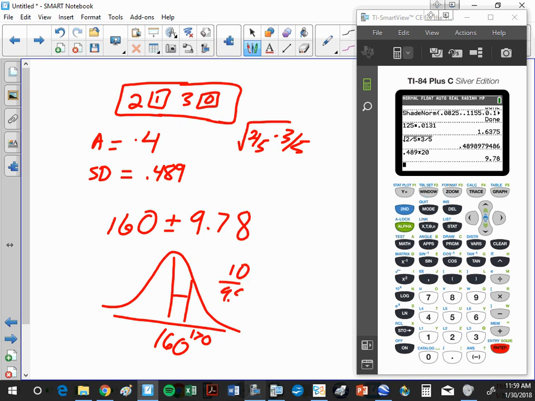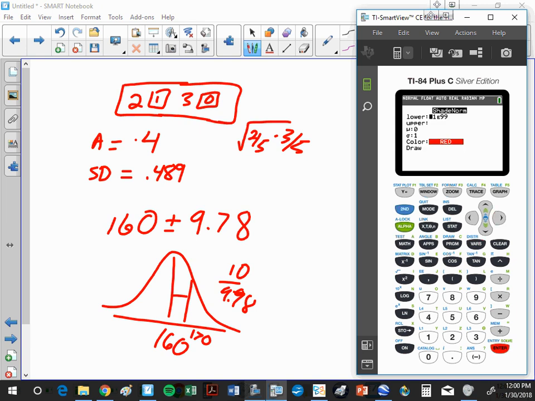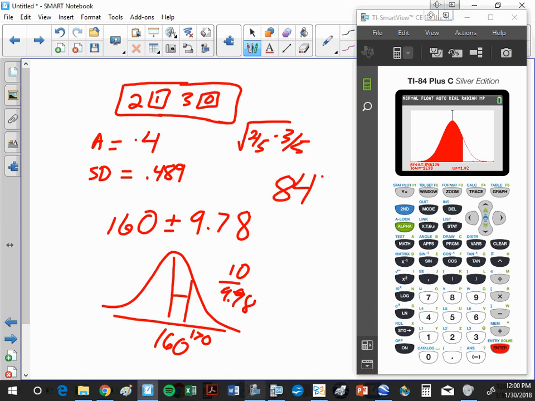So 10 over 9.78, 10 divided by... So 1.02, shade norm from negative infinity to 1.02. Yeah, we're running out of time. So 84%. Where did you get stuck? What did you get? I got 84%.